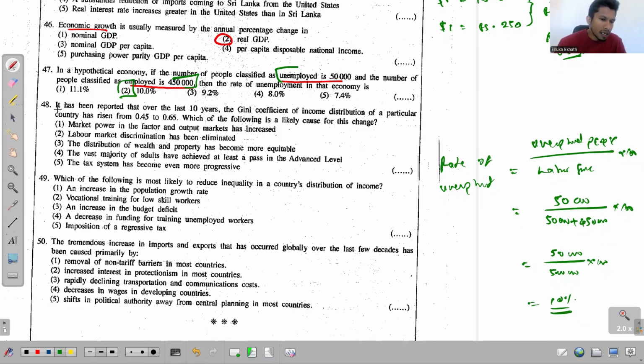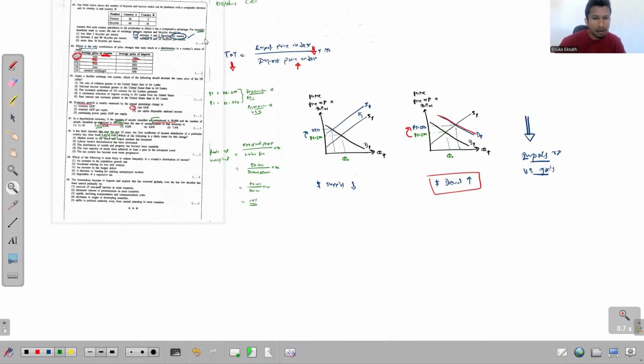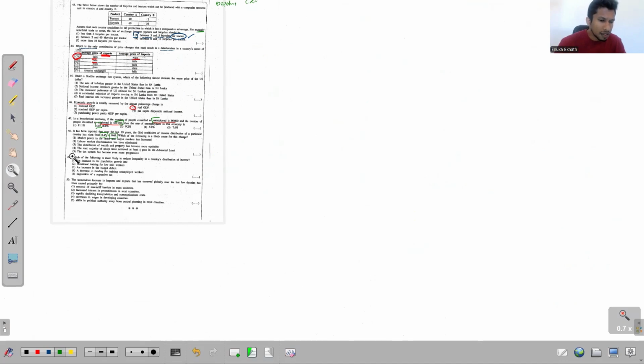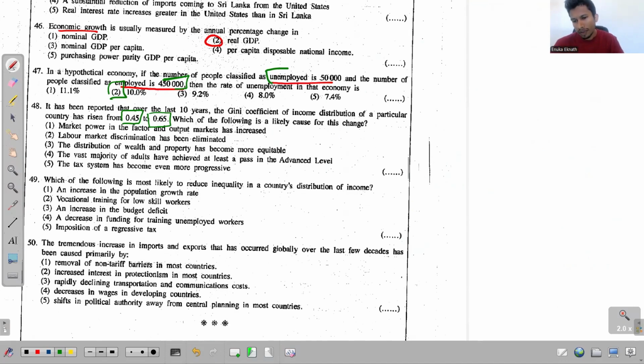Right, now look at question 48. It says, it has been reported that over the last 10 years, the Gini coefficient of income distribution of a particular country has risen from 0.45 to 0.65. See that now, the Gini coefficient has increased. And what does that mean? If the Gini coefficient has increased, it means this.